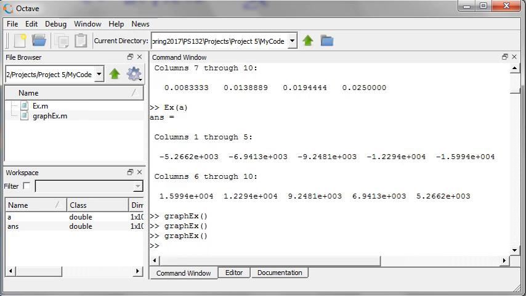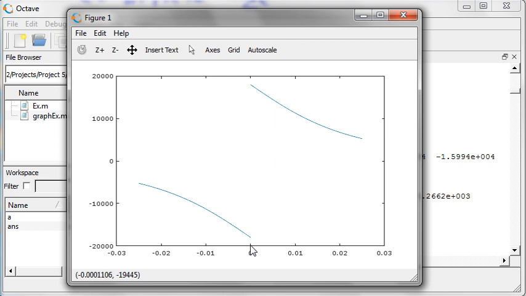Take a look at that graph. Yeah, then it looks like it's gone right up to 0. It's gone to within a thousandth of a meter of 0. And then it starts over on the other side of 0. So I prefer that. So we got a jump discontinuity at 0 in e sub x, because which way it's pointing switches as we move through the origin. So that looks like a reasonable graph.